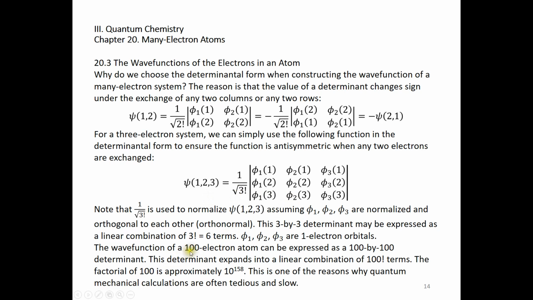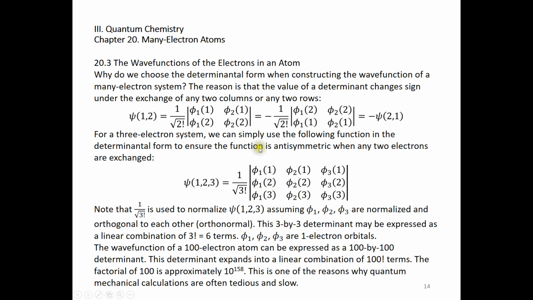What if we have 100 electrons in an atom? Well, in that case, we need to write out a 100 by 100 determinant. We have 100 electrons labeled 1, 2, 3 all the way to 100, represented by 100 rows, and then we need 100 1 electron wave functions, phi 1, phi 2, phi 3, etc., all the way to phi 100.